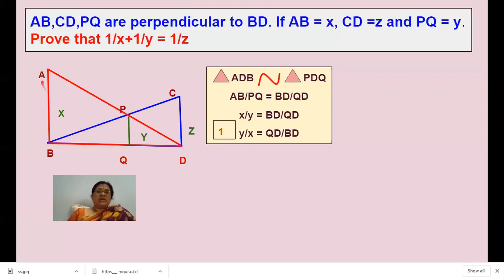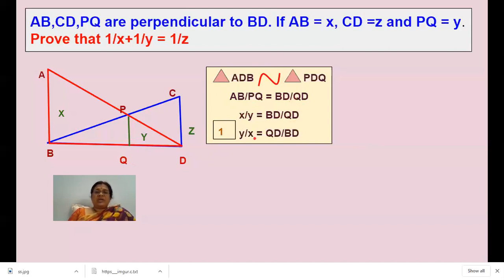In the big triangle, take AB, and the ratio between AB and PQ, the small triangle. Heights of both triangles will be equal to, now you compare with bases. In this big triangle the base is BD, in this small triangle the base is QD. I have substituted AB value, that is X, and PQ value is Y, and here it is BD by QD.